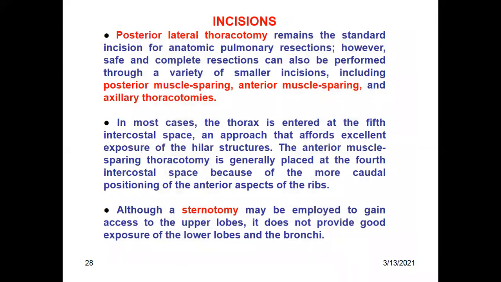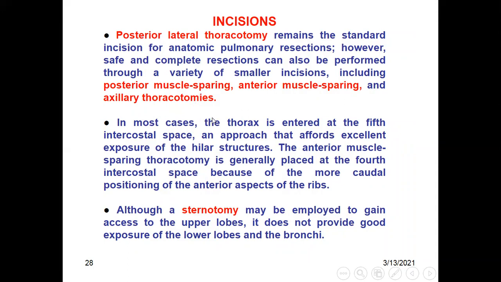Okay, now let us speak a bit about the incisions used for lung resection. Posterolateral thoracotomy is the standard incision for anatomic pulmonary resections. However, safe and complete resections can also be performed through a variety of smaller incisions, such as the posterior and anterior muscle-sparing thoracotomies and the axillary thoracotomy.